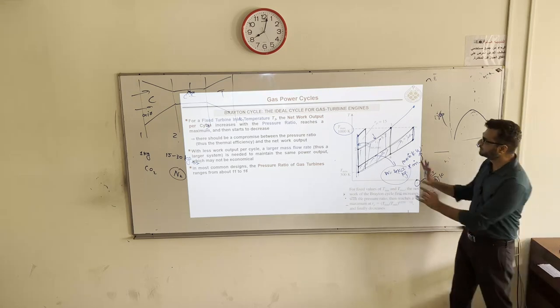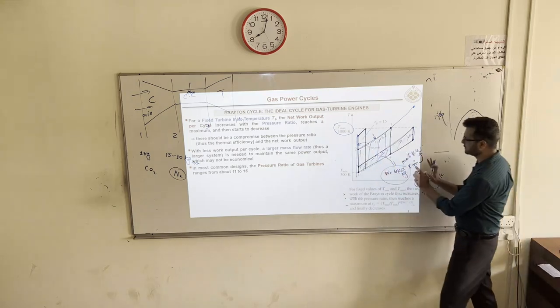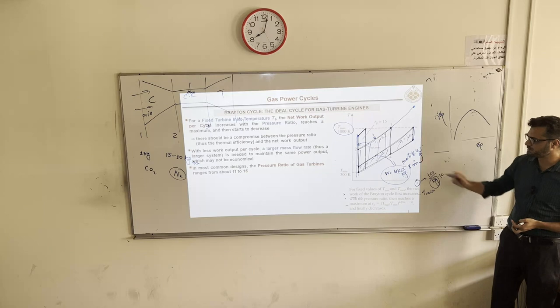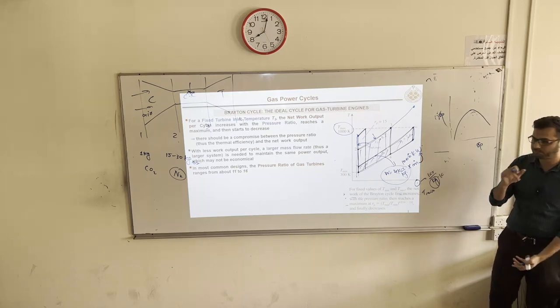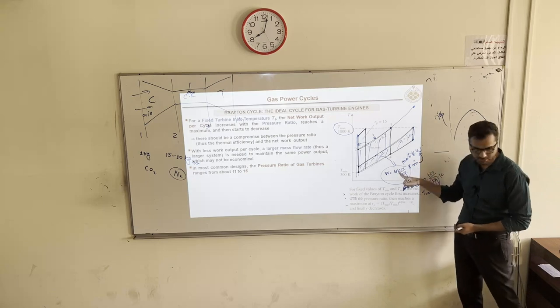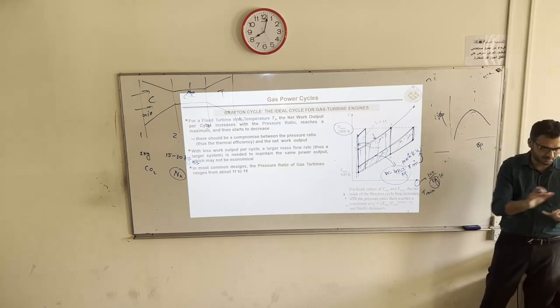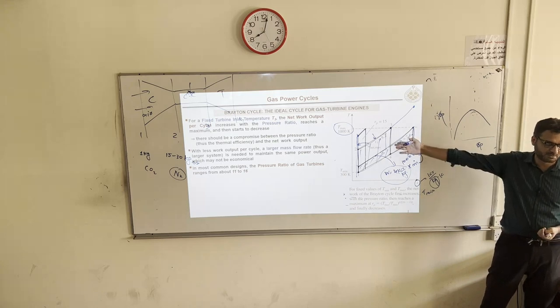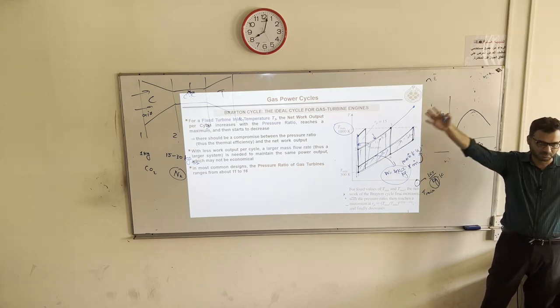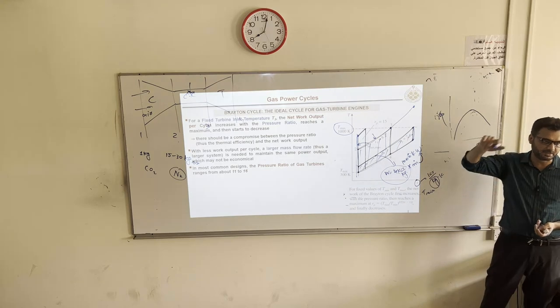So for 1 kilogram, that is the maximum possible. Now you have to multiply with that m dot. What will be the size of your compressor? That will be defined by this m dot into this, not just 1 kilogram. That is only for 1 kilogram, which we are showing up here. Multiplied by m dot, now your compressor will be designed, turbine will be designed.